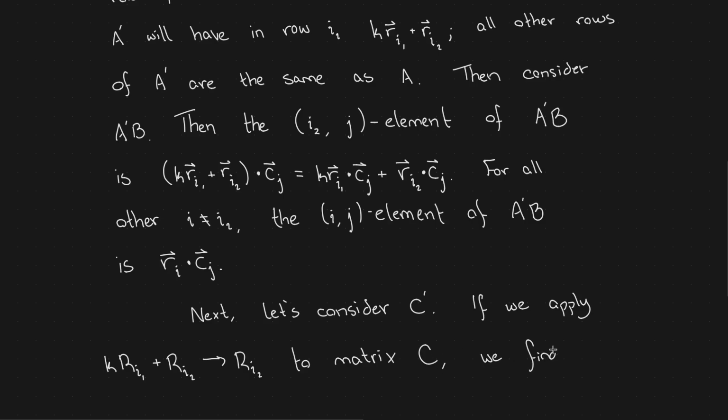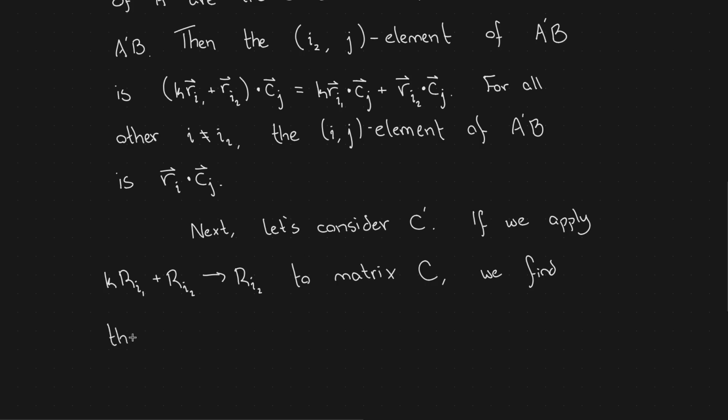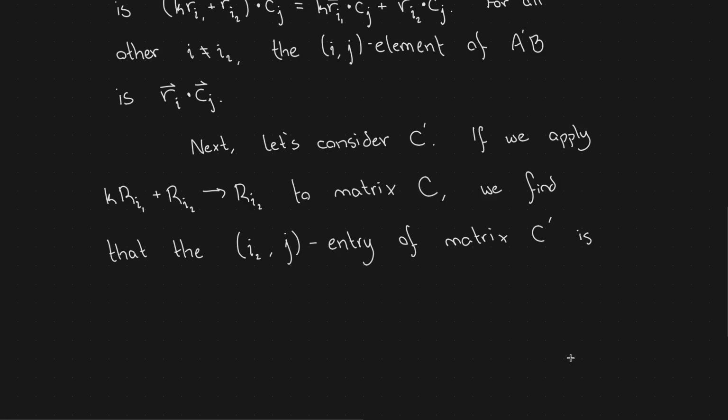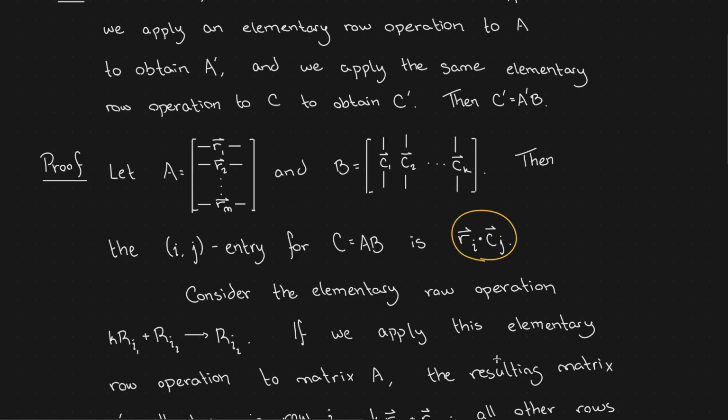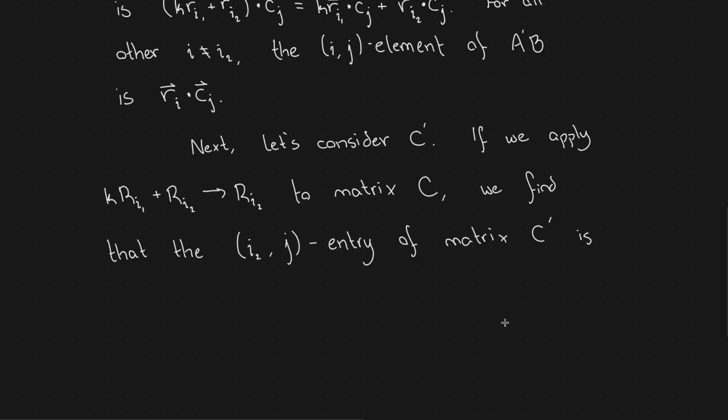we find that the I sub 2 j entry of matrix C prime, the matrix where we've applied the row operation, is, so here, remember, this is each element in matrix C. Okay, so to apply the elementary row operation, we want to take k times the element in row I sub 1.